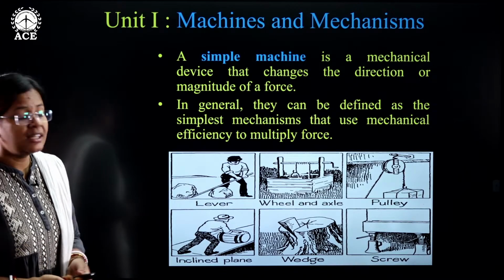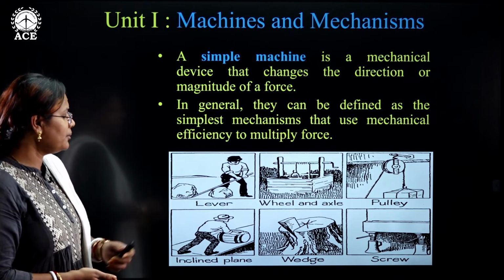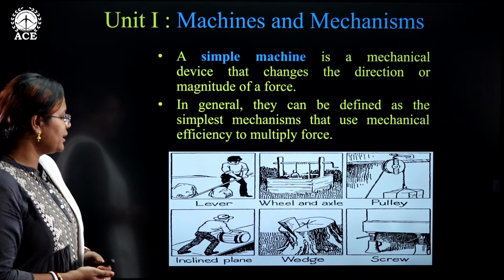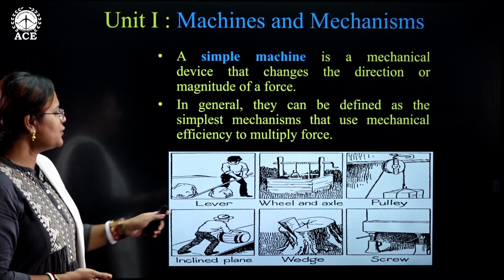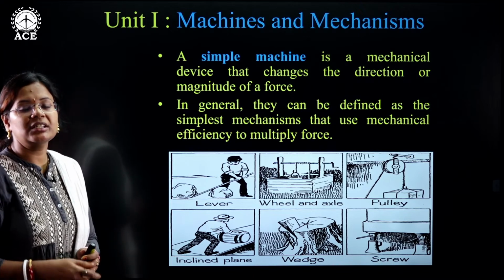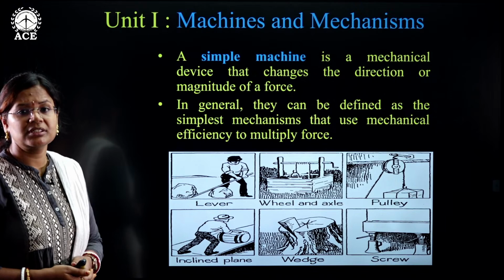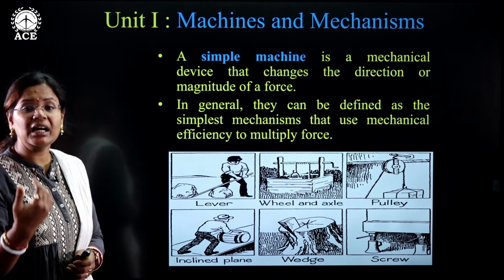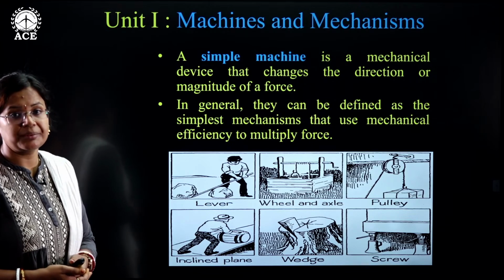As I told you, the lever, wheel and axle, the pulley, inclined plane, wedge and the screw. In each of them, you can see the work is done by applying only a very little amount of force. So it is making our work simple. So that is the purpose of a machine.